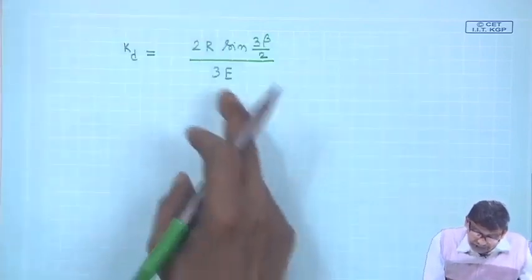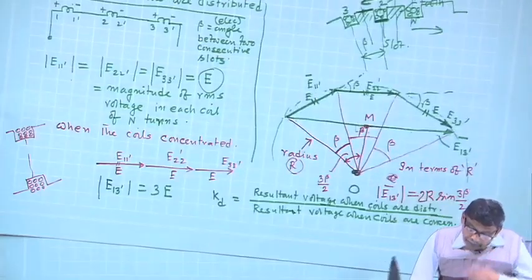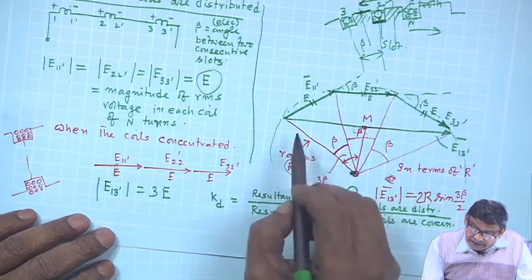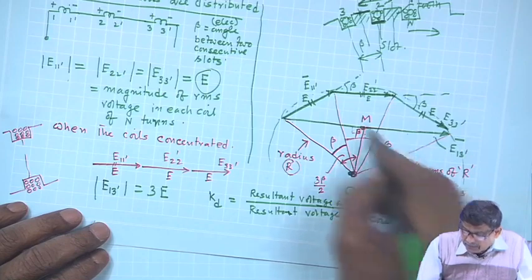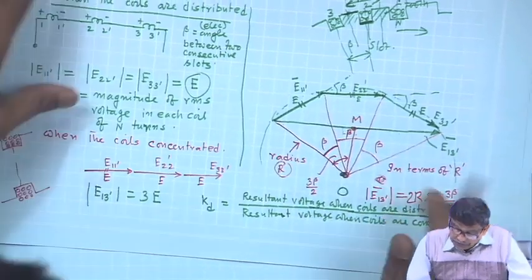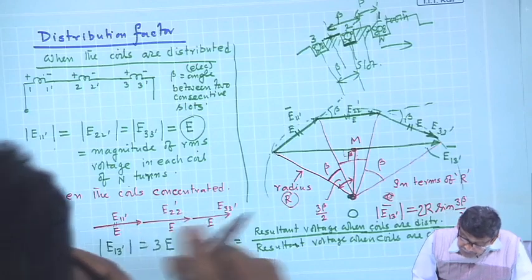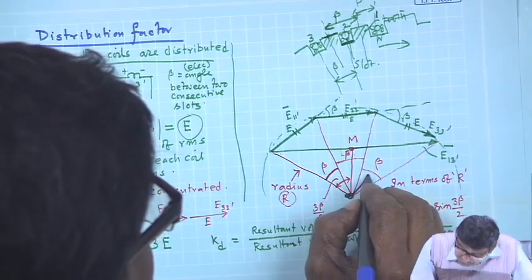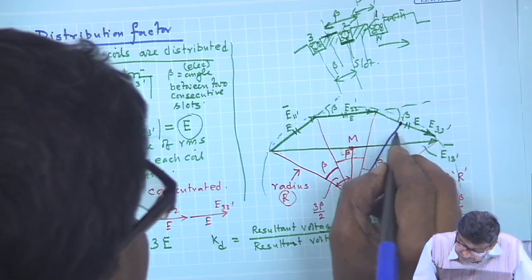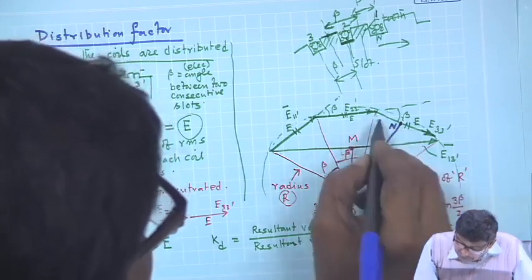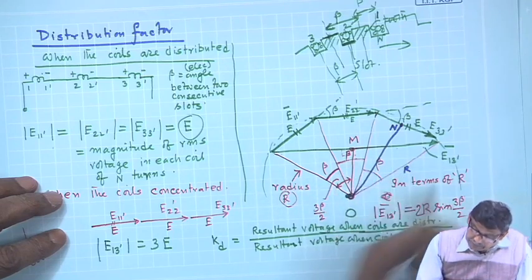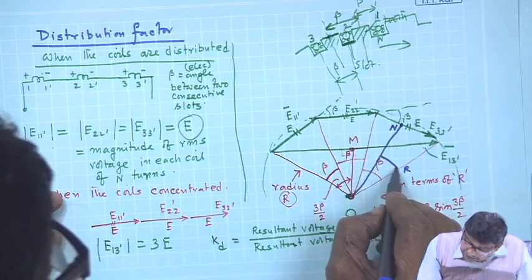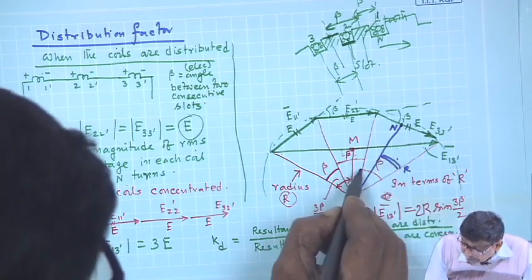Now, the question is, this R is disturbing. What is this radius? This radius can be related to E from any of these small triangles. For example, you drop a perpendicular from this to this, call it O n. This length is R, this is R, and this angle is beta by 2, because this is beta.